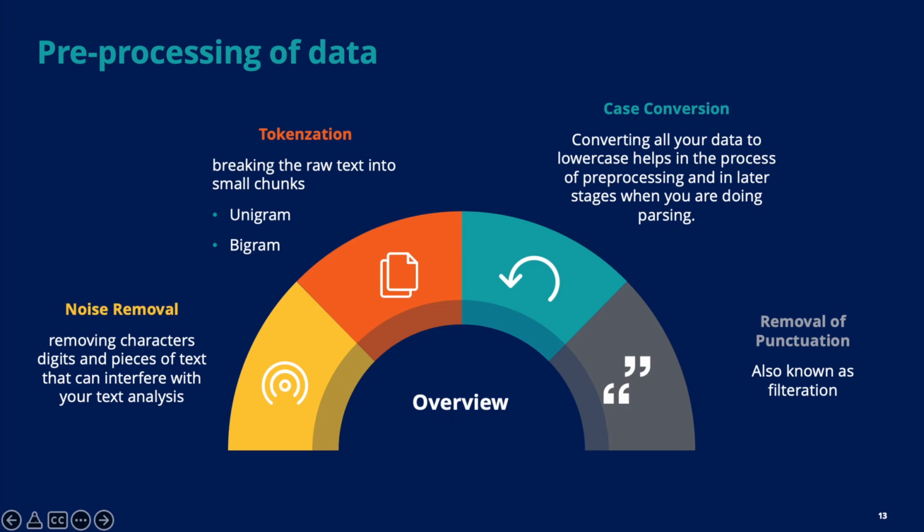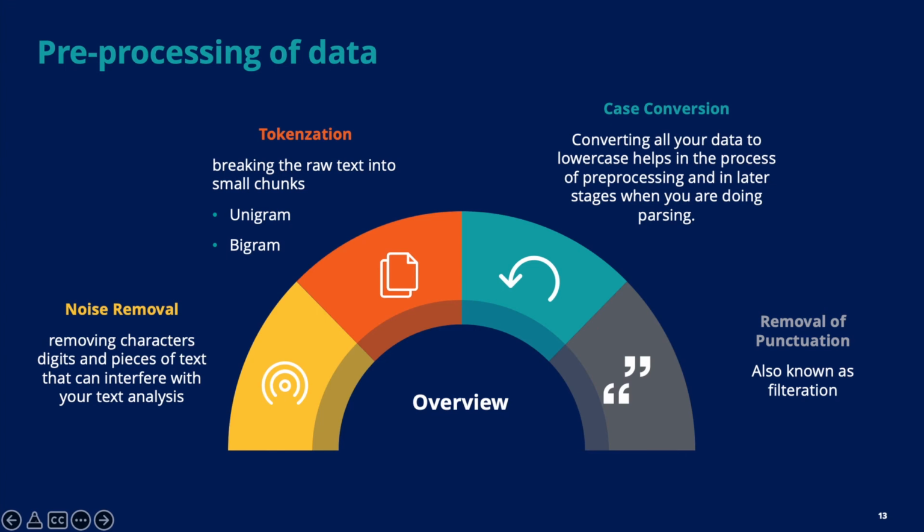What do you mean by pre-processing of data? Pre-processing of data entails noise removal, that is removing all the characters, digits and pieces of text that can interfere with your text analysis. Next we have tokenization, that is breaking the raw text into small chunks. It can be in two different ways, unigram and bigram. Unigram is breaking the text into single words and bigram is breaking the sentence into two-word groups.